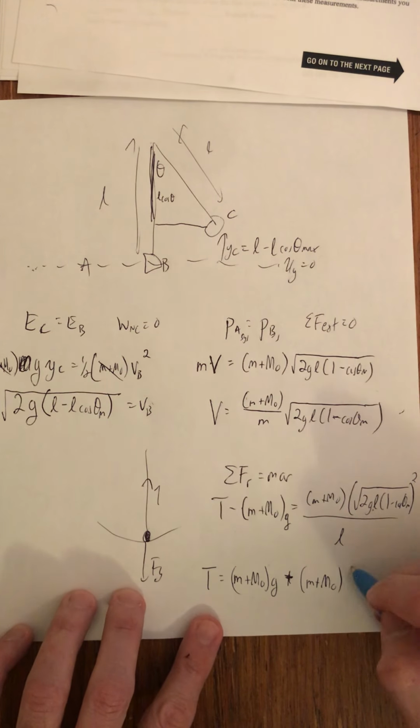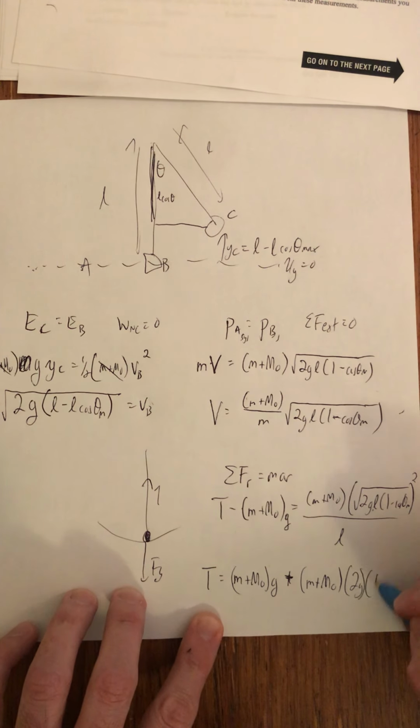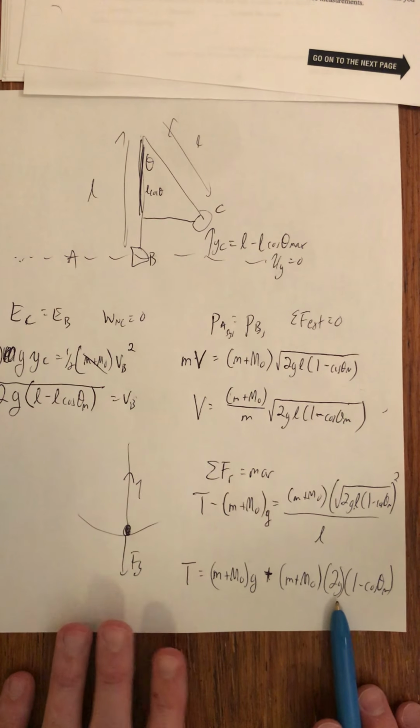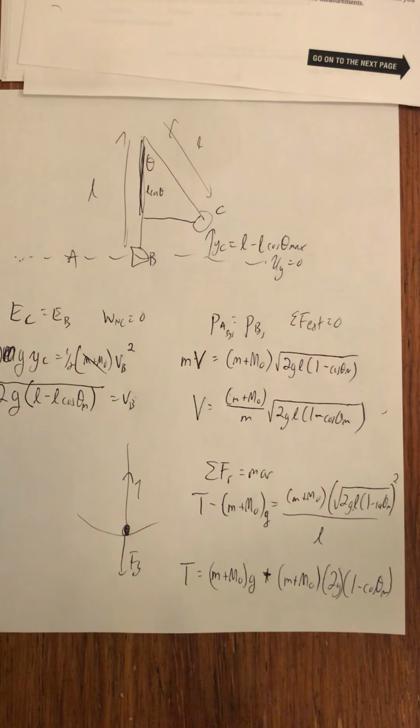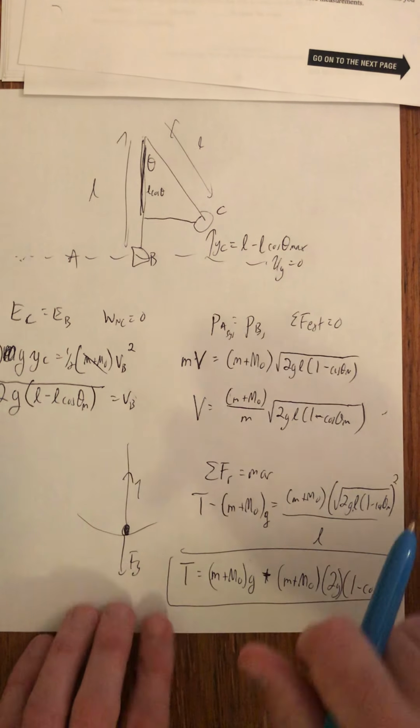The L's are going to cancel, so that's 2g, and then 1 minus cosine theta max. Now, we could make that a little bit simpler because some of these terms will combine, but they don't say you have to do it in simplest form. So that's my answer, and I'm moving on.